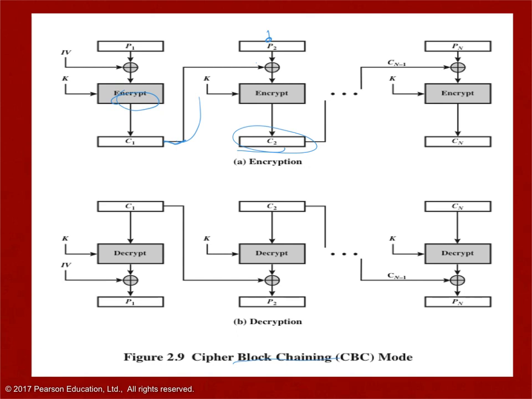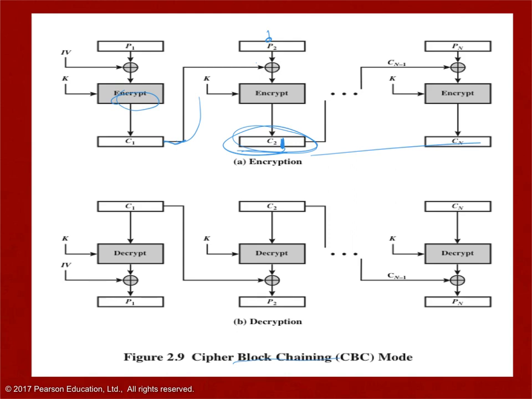In terms of error tolerance, is it worse or better? Much worse, right? One error in one cipher text will in fact cause problems in all the upcoming ones, because all the upcoming ones are dependent on this cipher text.